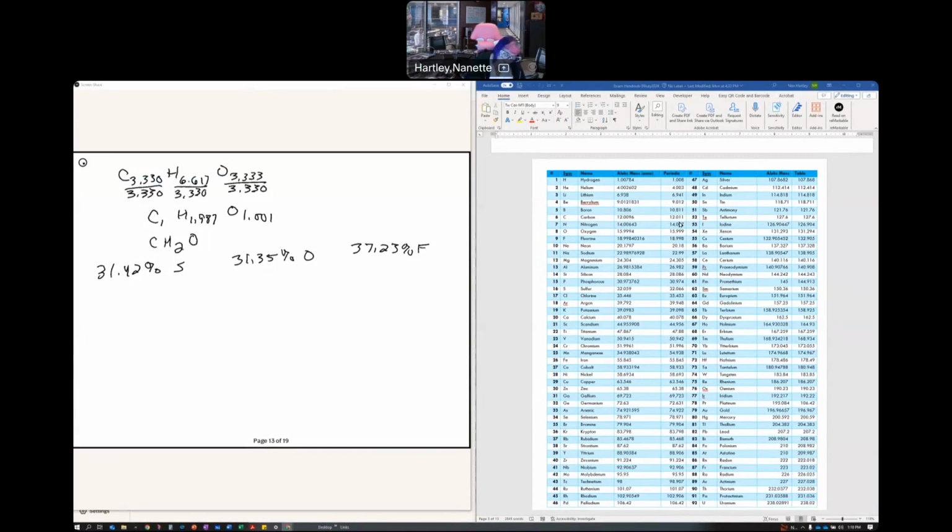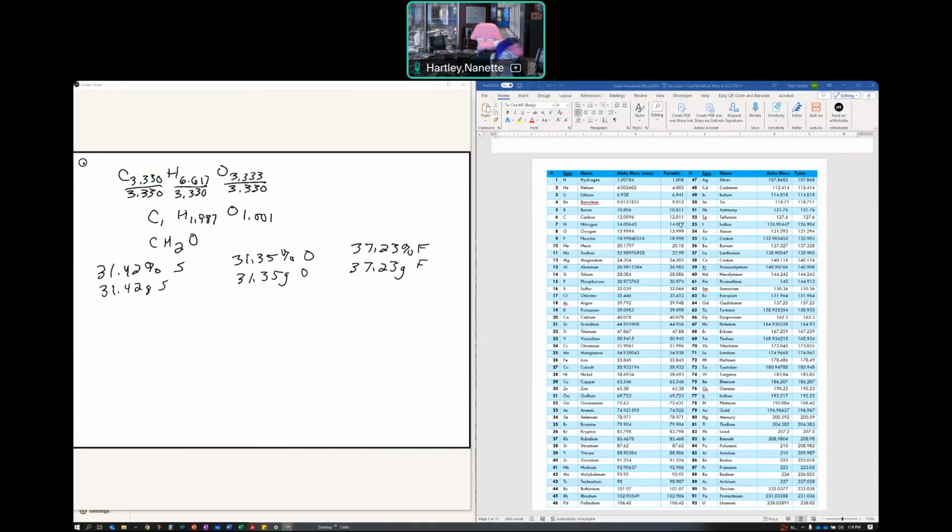Again, we're going to assume that we have masses out of 100. So 31.42 grams of sulfur, 31.35 grams of oxygen, and 37.23 grams of fluorine.